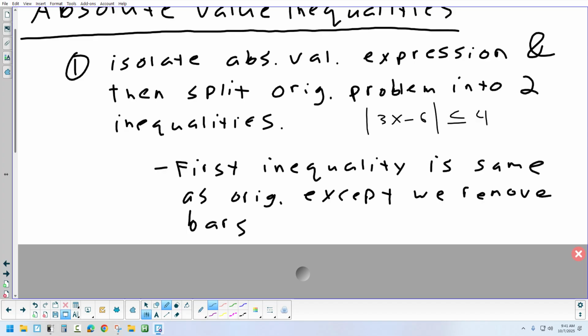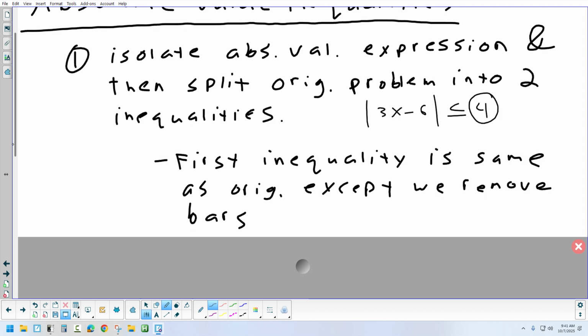Now the second one, yesterday we copied it, we took out the bars, but we had to do one extra thing. What did we have to make a negative? The thing on the other side. Right, we had to make the number on the other side a negative, and we're going to have to do one more thing because we made that number negative. Flip the sign. We have to flip the sign.